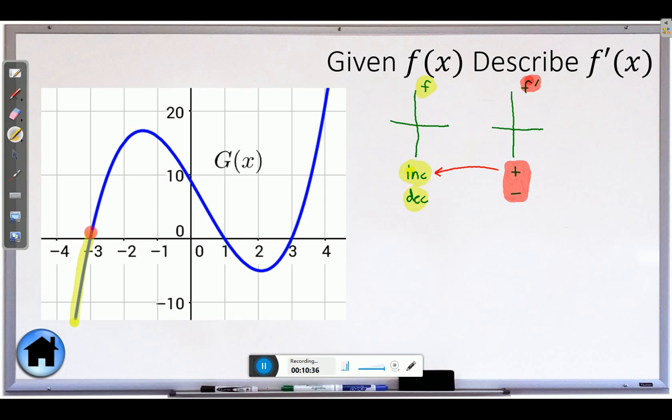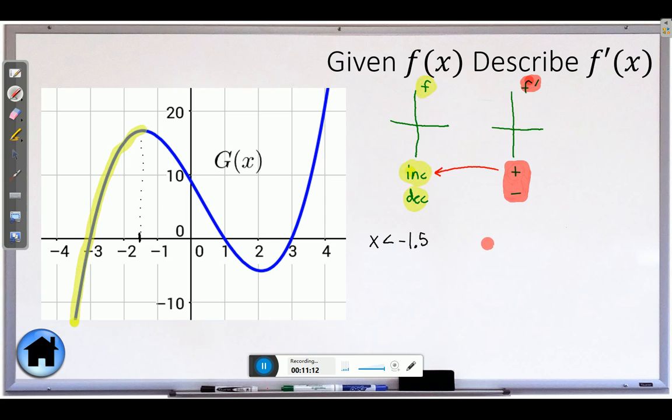So I'm going to start with my function down here. What word can I use to describe the function here? We are increasing, and I have to stop right there because if I kept going, we would start to decrease. So, first off, I don't really have a yellow, sadly I'll use black. So let's see, that is when x is less than, now here we're going to have to estimate, let's call this about negative 1.5. It's not exact, but I'm not too worried about being exact right now, just the concept.